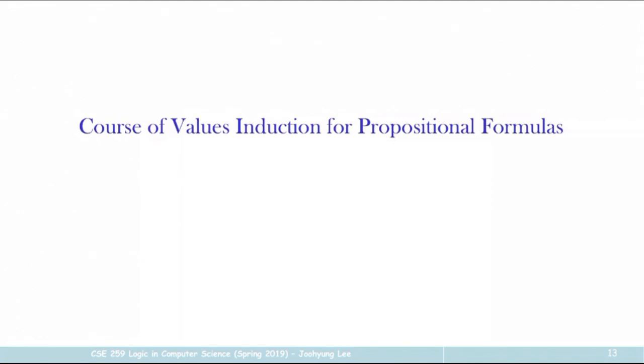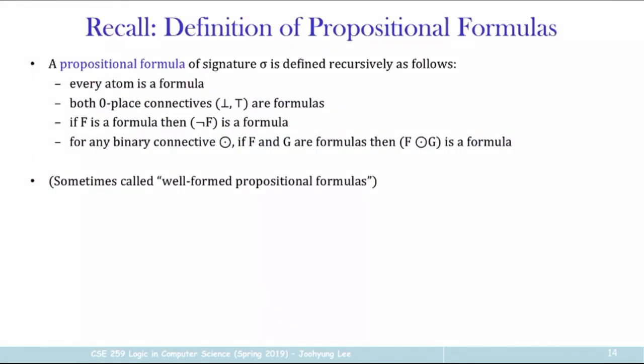So we are going to apply causal values induction for propositional formulas. And recall that we have studied the syntax. Okay, so maybe this is a good time that you browse all the materials that you learned in the beginning. So every atom is a formula, okay? And bottom and top are formulas.